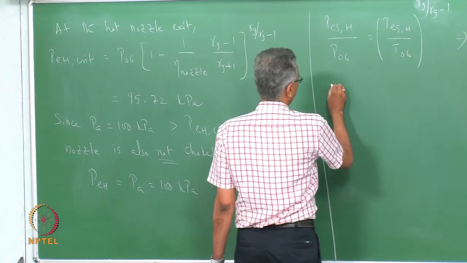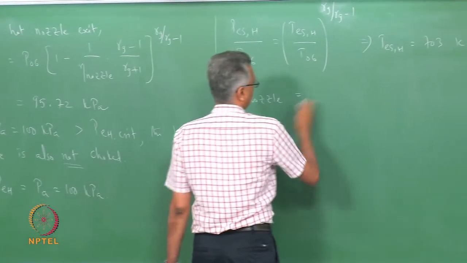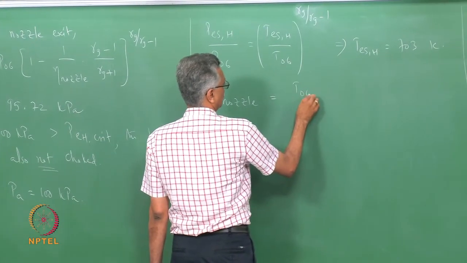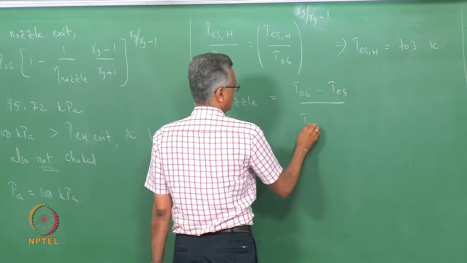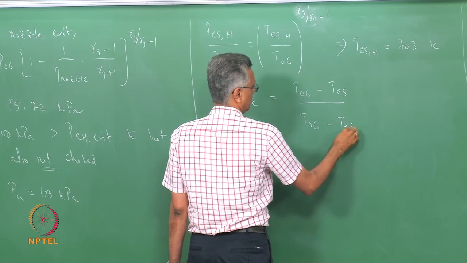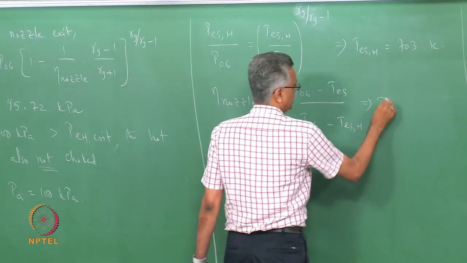So, the efficiency of the nozzle, if you remember, is T06 minus TES divided by T06 minus TESH. From this I can calculate my TES.